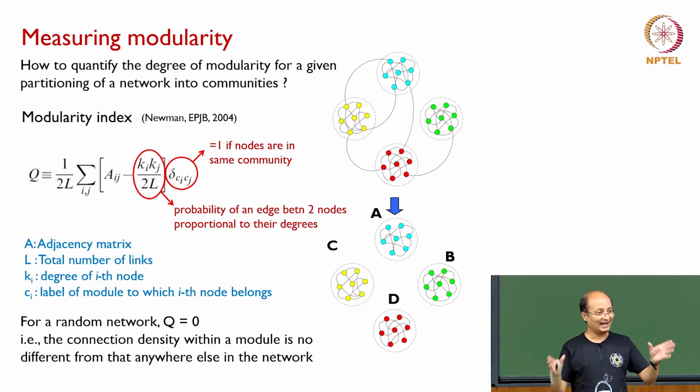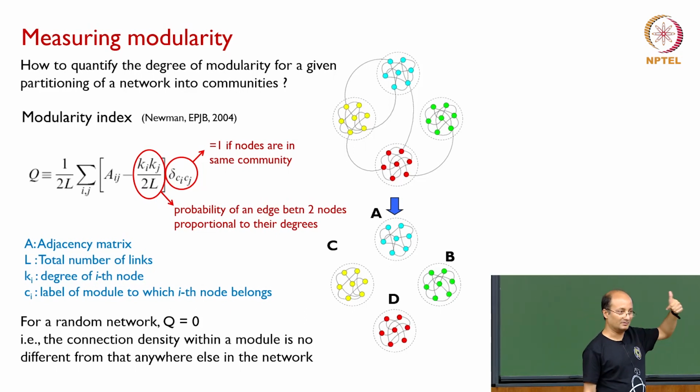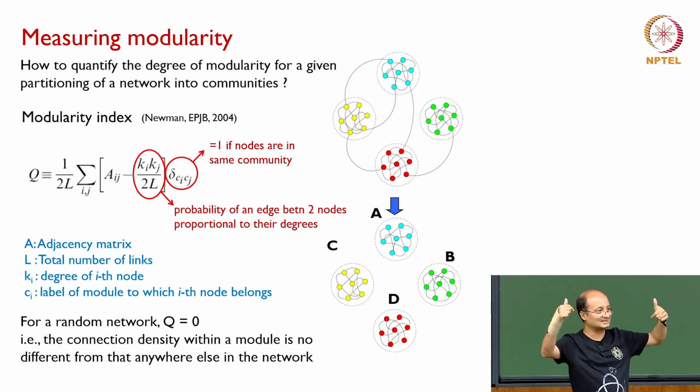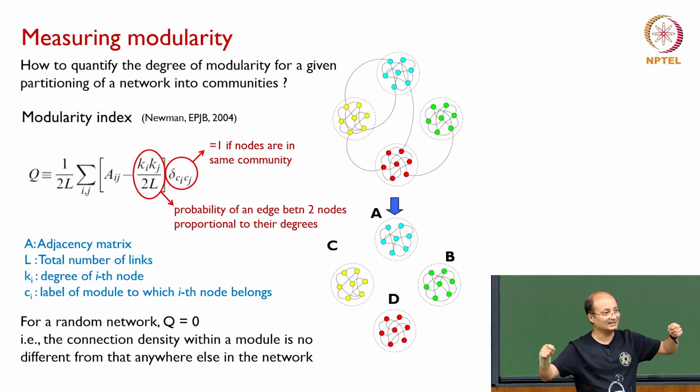And you look at this difference and ask, how large is this number? The bigger the number, the more likely it is that this is a module, because there is a higher than random probability that two nodes within the same module are connected.